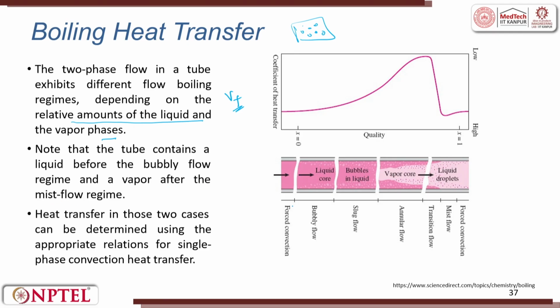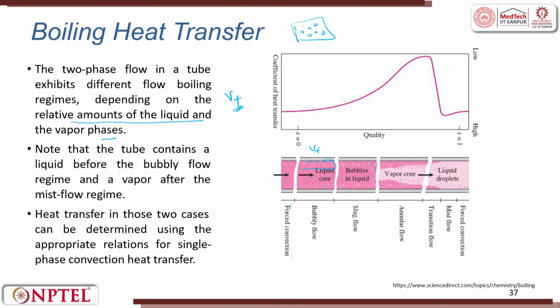You can see here forced convection, you are flowing it. Then you see the liquid core, with the liquid in the core and the bubbles on the surface. Then you can see bubbles in the liquid. Now there are more bubbles, so the volume fraction of bubbles increases, and they are all touching the surface.